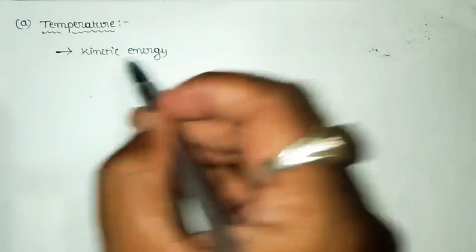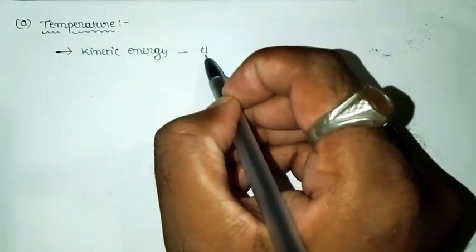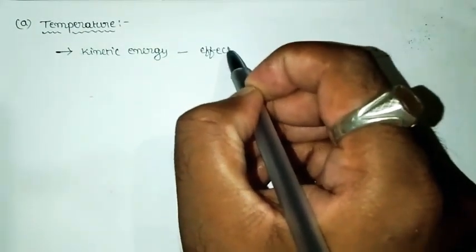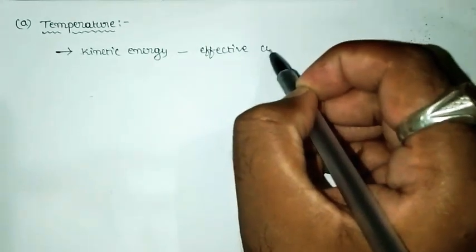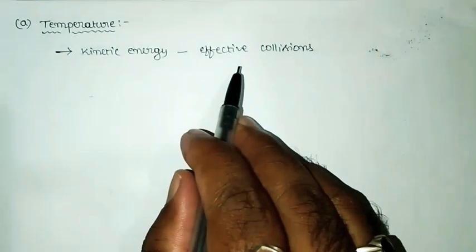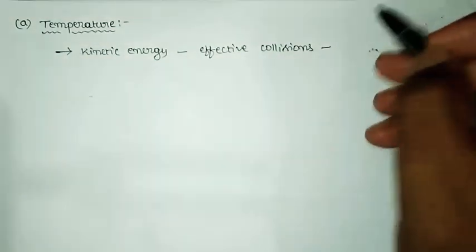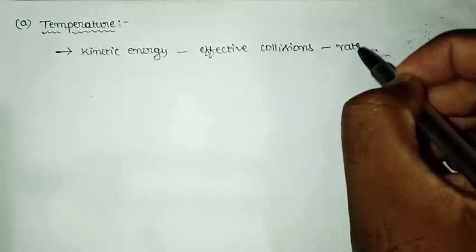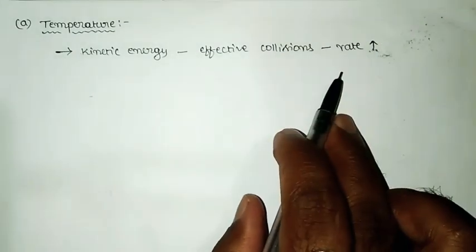Because of the increase in kinetic energy, there is an increase in the number of effective collisions between the reactant molecules. And because of the increase in effective collisions, the rate of that reaction also increases.